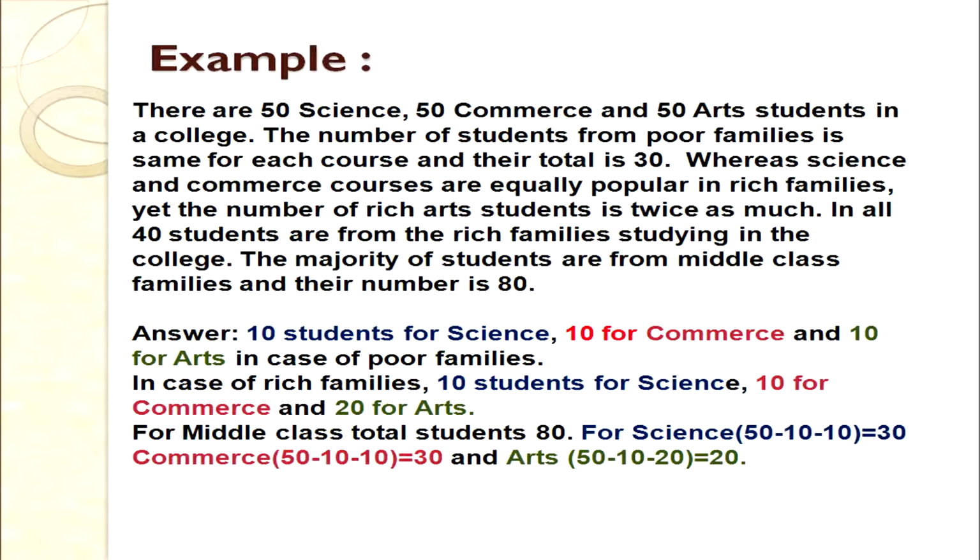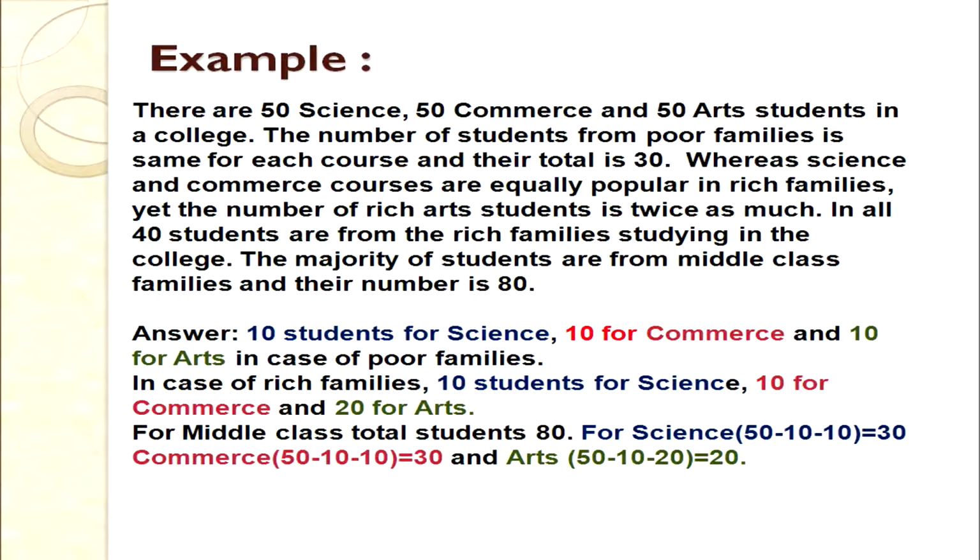Now, for the middle class, the total strength is 80. Here we need to calculate it by subtracting what we have got, because over there in the top line it is being given that there are 50 science students, 10 for poor families we have done. Then we have discussed 10 for rich families. 50 minus 10 minus 10 gives you 30 science students.